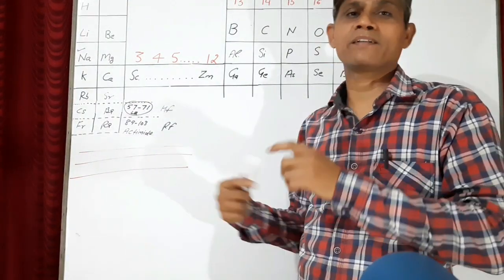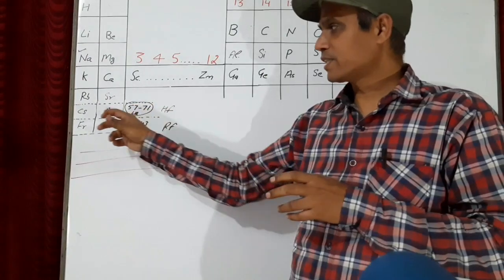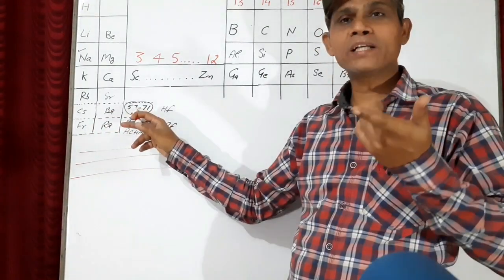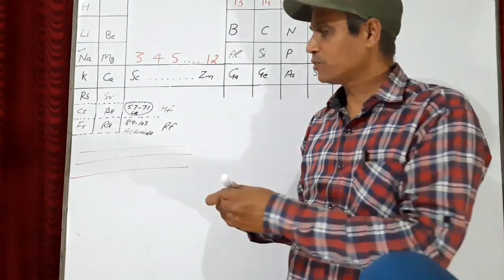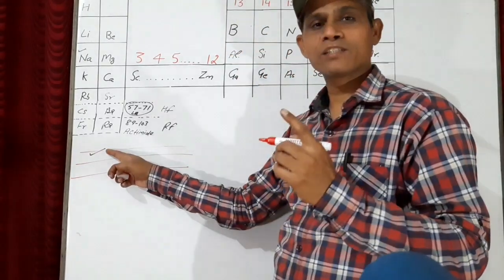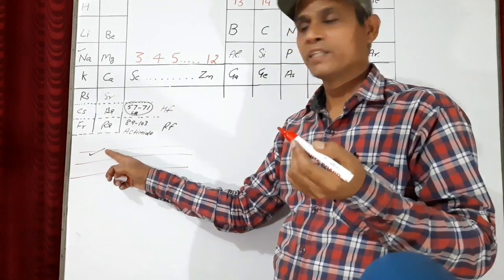This is the second row. And one more thing, in the sixth period, the first element, atomic number 57, is lanthanum. Therefore, this first row is called lanthanoids because the first element is lanthanum.